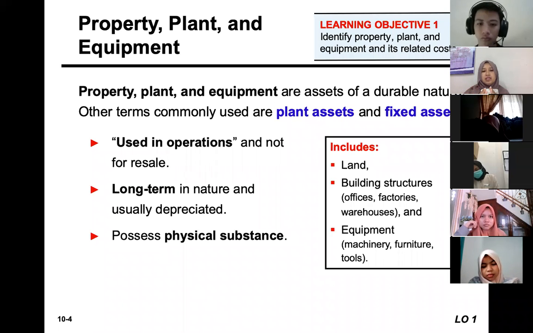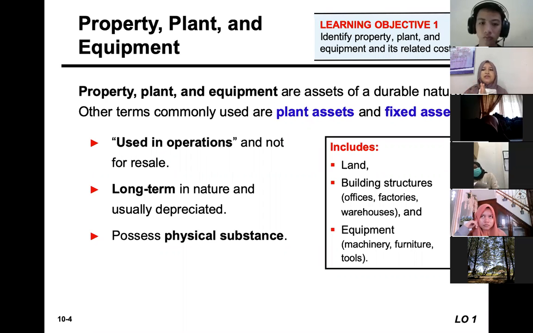So in accounting, IFRS, substance is more important than form. The form is the legal ownership. So whoever uses the physical substance has the right to claim, to report it in its financial statements. Okay? This is what it means by possess physical substance.